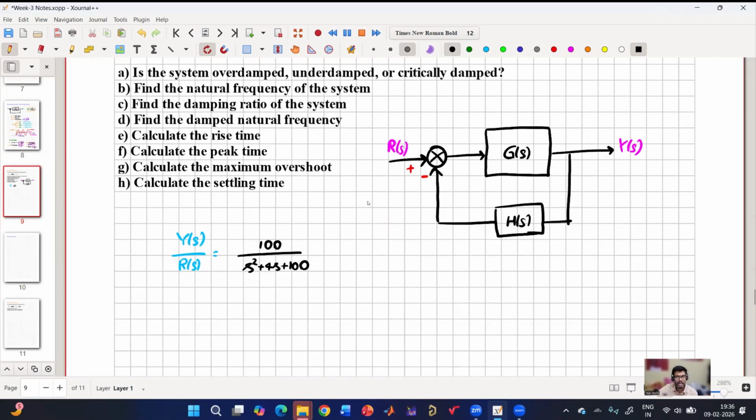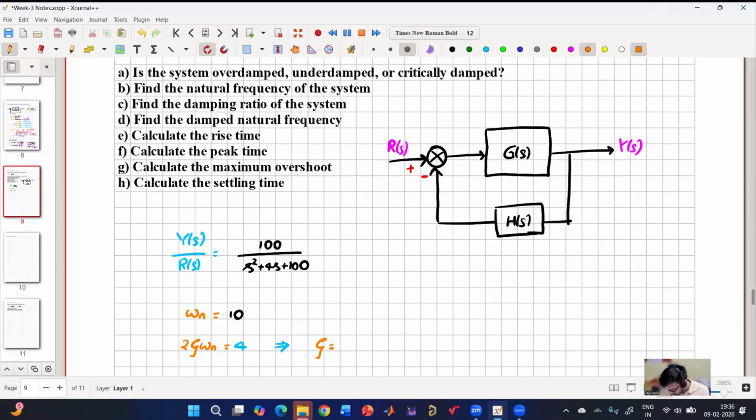So now can you calculate what is the natural frequency of the system? What is omega n? 10. Very good. What is zeta? Or I would say what is 2 zeta omega n? 4. From this can you calculate zeta?